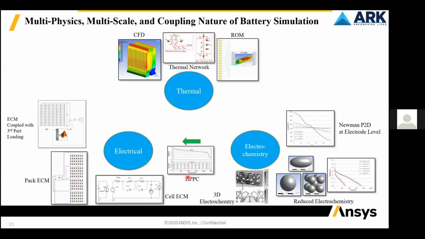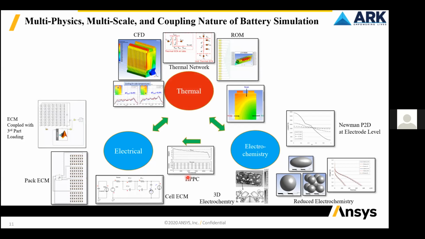Electrochemistry could also be used as a sub model for heat generation for the thermal models, which in turn could provide the temperature that electrochemistry models require to update the material and transport properties. The huge discrepancy in the length scale for these two models demands a very ingenious way of coupling.